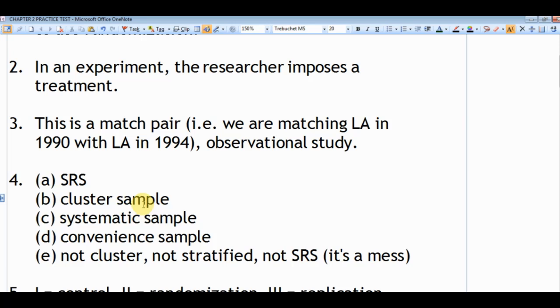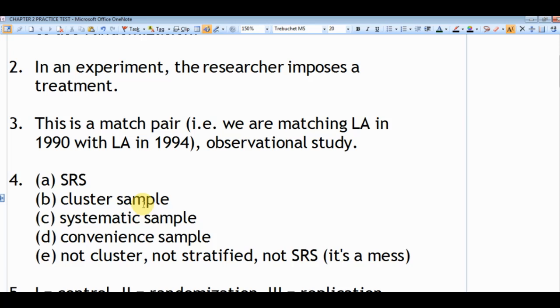Because it's not possible to have every combination of seniors in this sample, this is not an SRS. In fact, this is what we would refer to as a systematic sample. You have a systematic mechanism for choosing the names. Generally speaking, every nth name is always going to be a systematic sample.